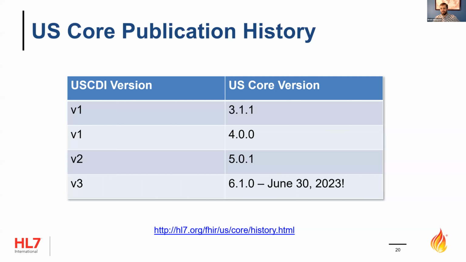I won't even try to summarize what must support means in two sentences. Our 3.1.1 release included a fair bit of ambiguity about what systems were required to support. So we provided a lot of guidance and improved that guidance in 4.0, and worked very closely with HL7, the vendor community, and the certification tooling community to make it very clear what folks would be tested on. That's where the 4.0 release came into play.